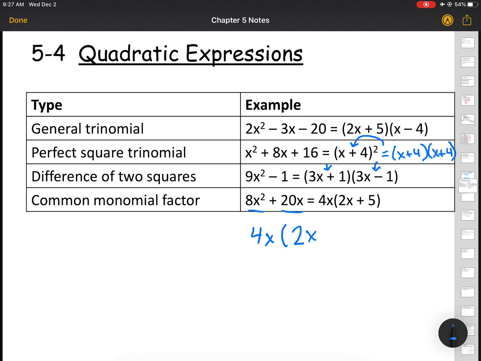And 20 divided by 4 is 5, and we only took one x out of it, so we don't have any more left. That's where we get 4x times the quantity 2x plus 5. And if you were to distribute it back, you would get 8x squared plus 20x. So we were just factoring a common factor out of both of those terms.